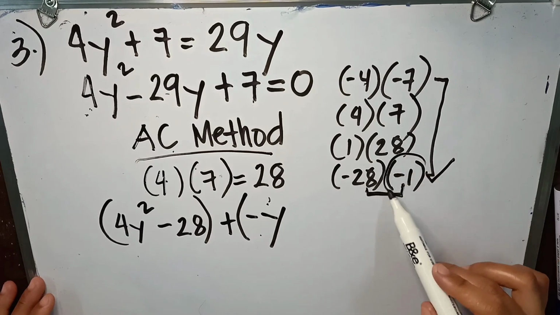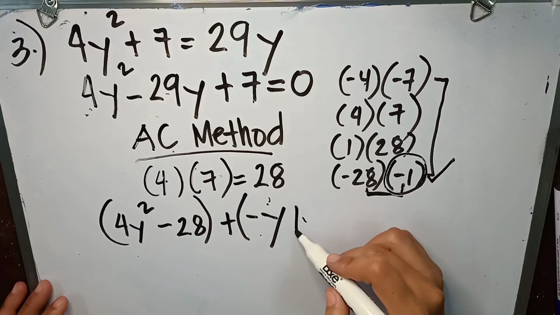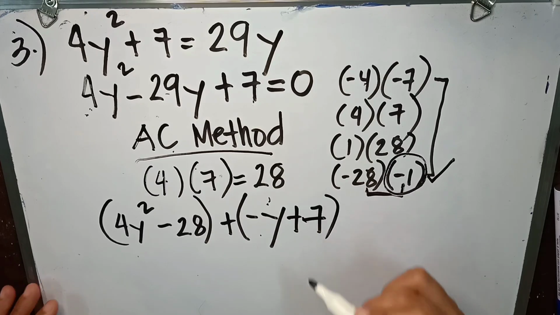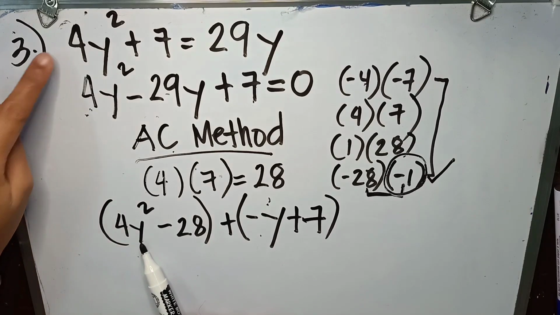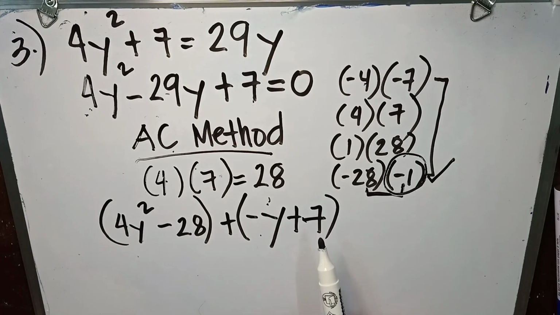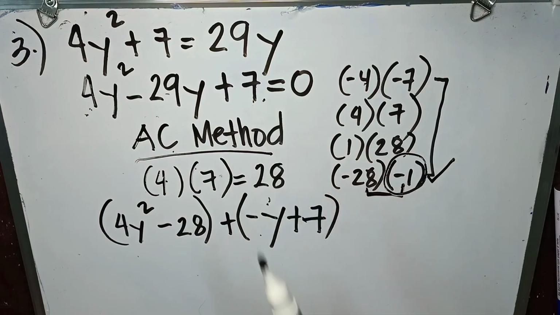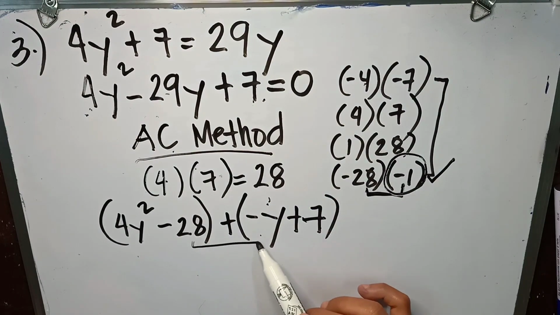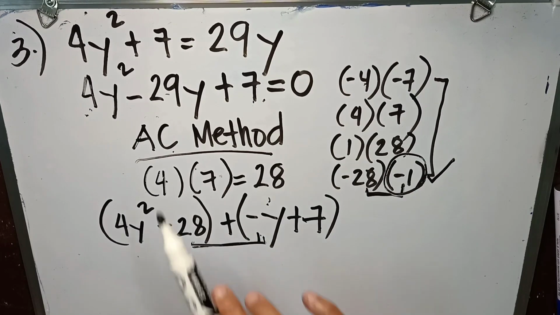It's because we have here negative 1. Plus 7. Okay, I'll repeat. 4y squared for your first term and 7 here for your last term. For the middle, if you are going to add, the answer is negative 29y.